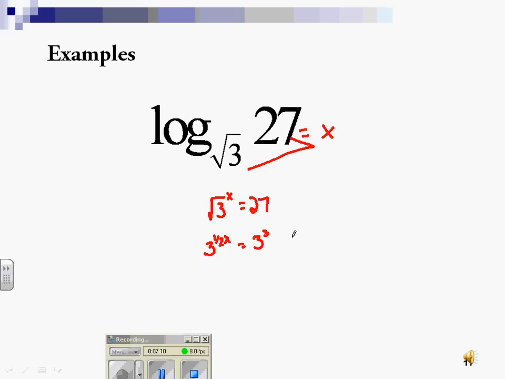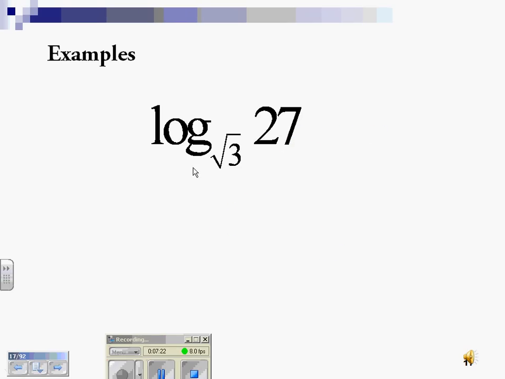So now if the bases are the same, then we get 1/2 x has to equal 3. So x has to equal 6. So my answer then is that this value equals 6. Gotta get those logs in there.